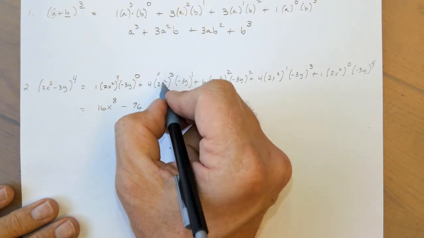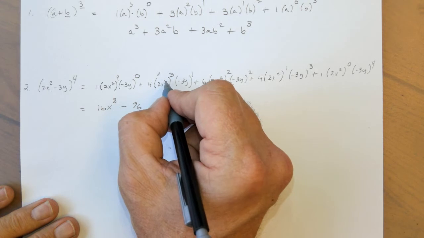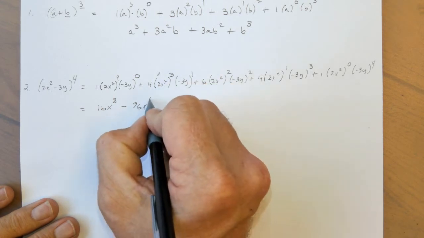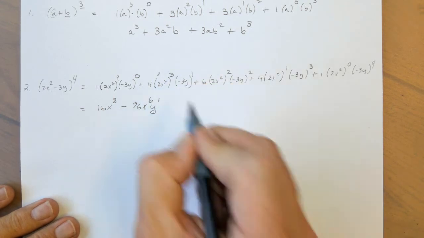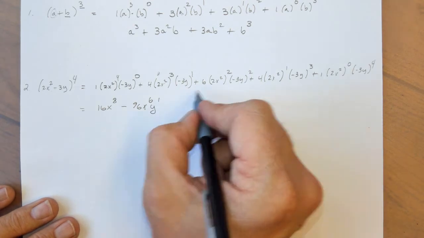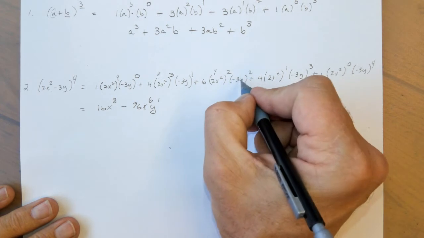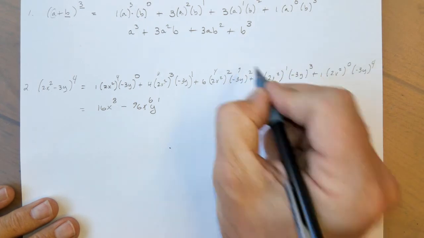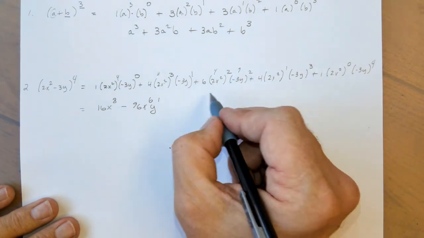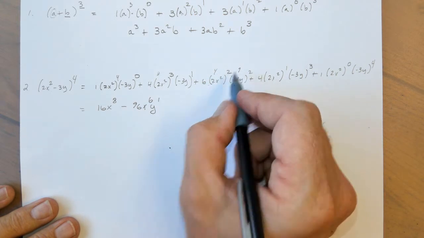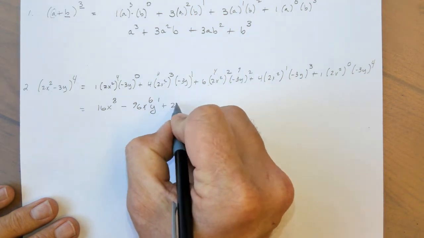And now again, we have power raised to a power, so 2 times 3, we get x to the 6th, and then y to the first. Then as we move along, we're going to have 2 squared, which is 4, and negative 3 squared, which is 9. So we'll have 6 times 4 times 9, which is 216.